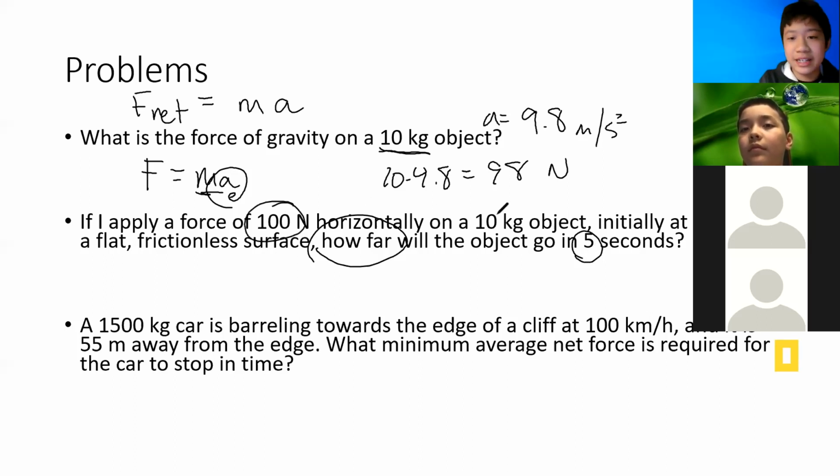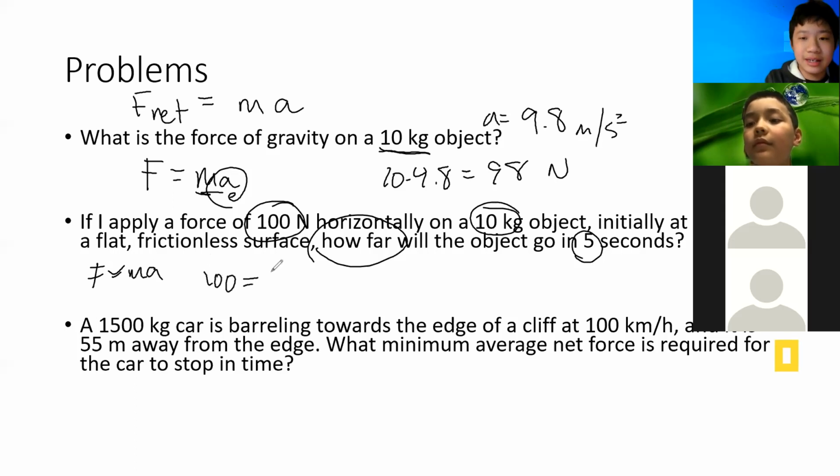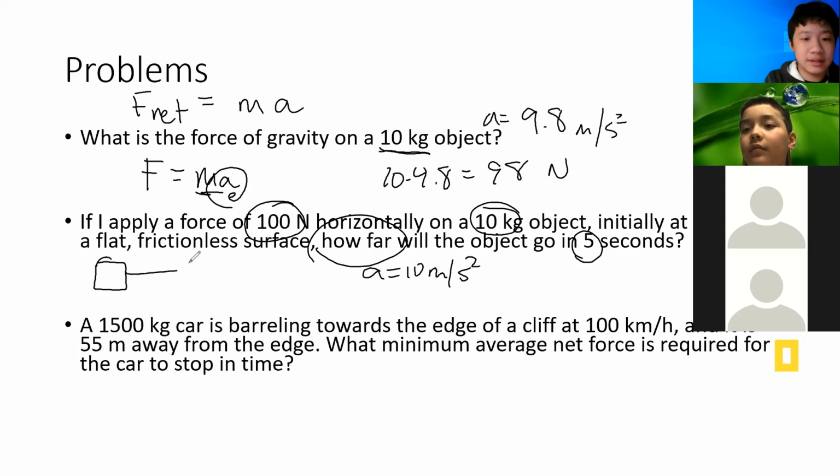Well, I have a force and a mass. So this basically begs for me to plug these into our equation and find acceleration. So if I plug these into F equals ma, I get 100 newtons equals 10 kilograms times my acceleration. My acceleration will be 10 meters per second squared. So I'm going to accelerate this way.